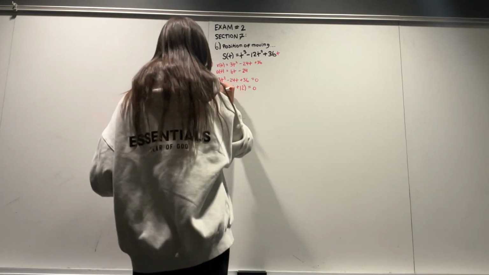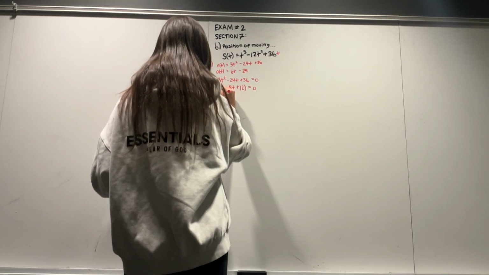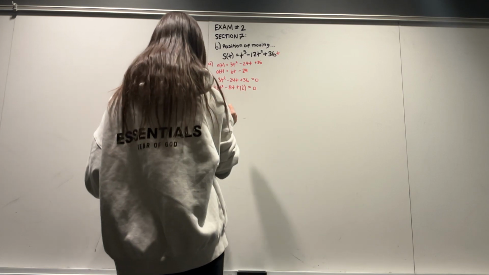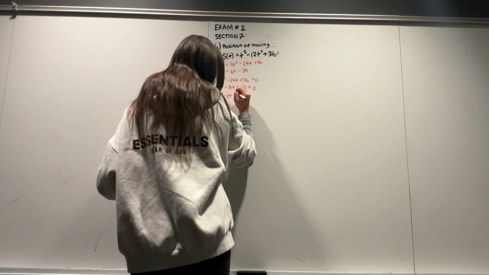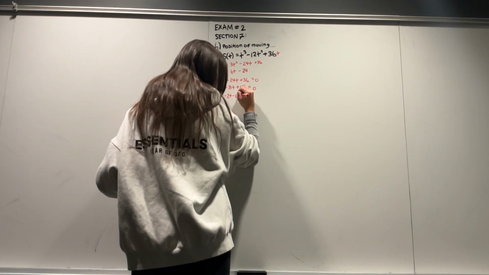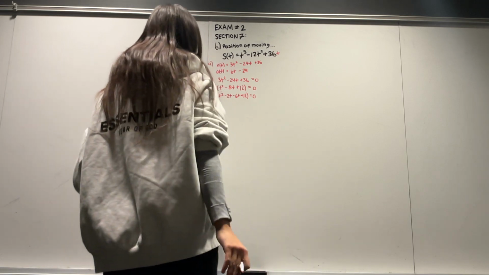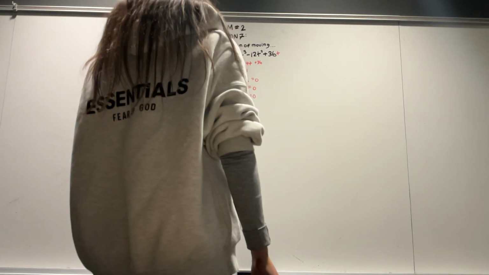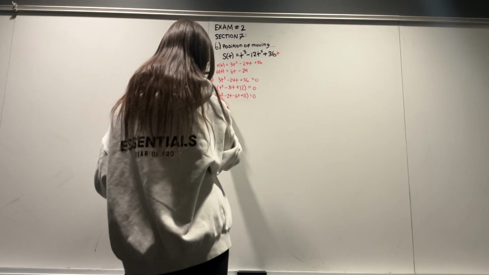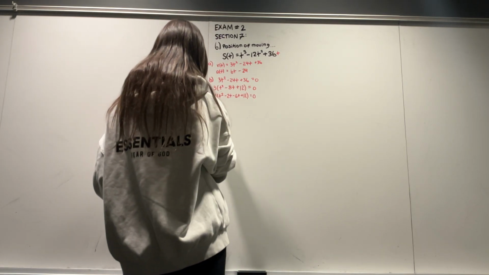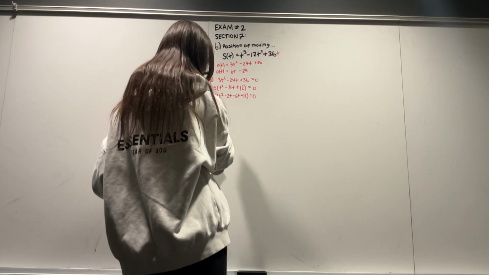Then we'll expand: 3 of t squared minus 2t, and then minus 6t plus 12 equals 0. After that, we take out the 3 and see what we can take out from these two, like little chunks.